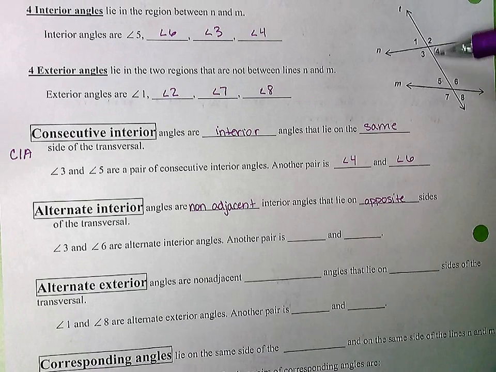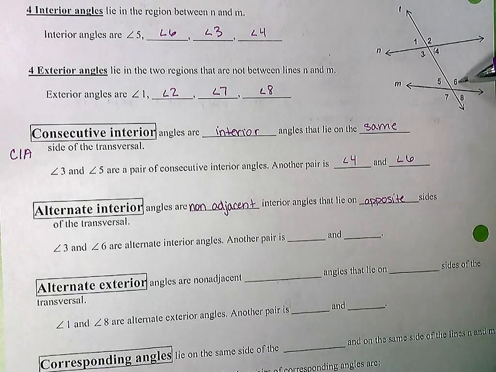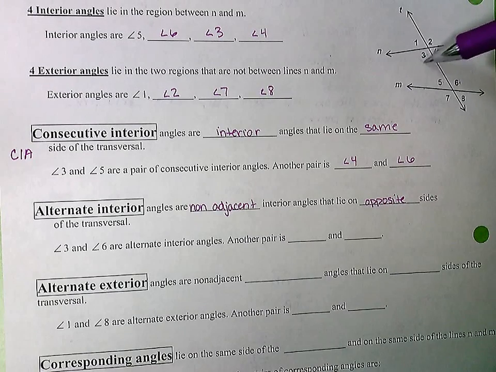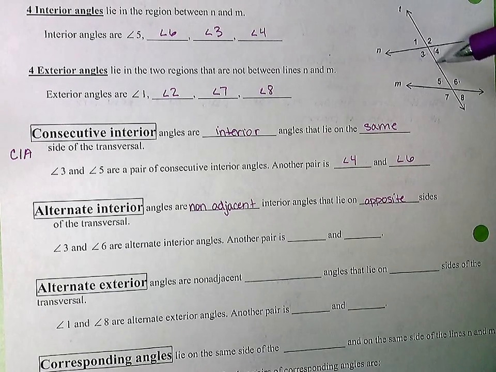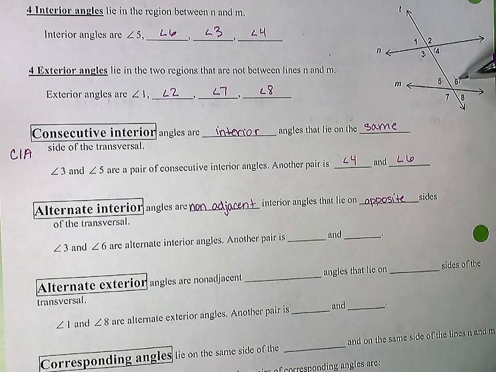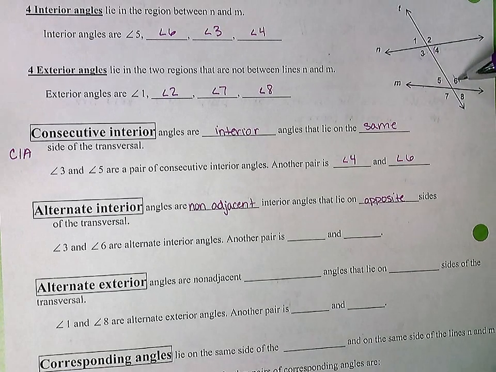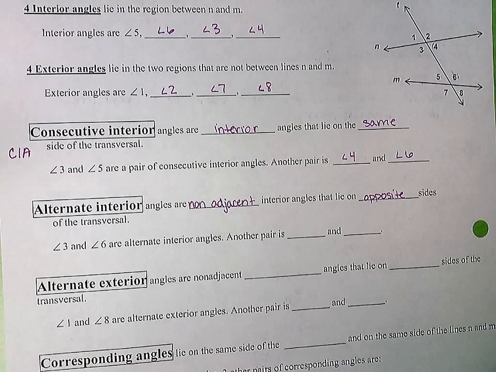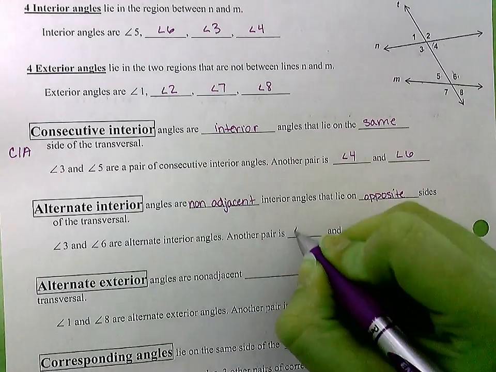So angle 3 and angle 6 are alternate interior angles. 3 is here. You have to cross over that transversal to get to 6. They're both interior and on separate sides. Another pair would be 4 and 5.